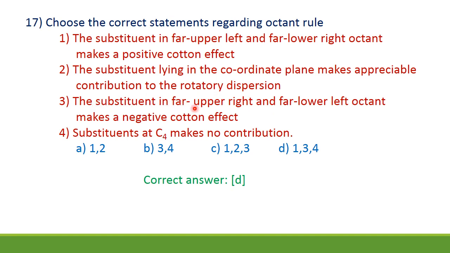The substituent in far upper right and far lower left octants makes a negative Cotton effect. It is also correct. 4. The substituent at C4 makes no contribution. This is also correct. The correct options are 1, 3, 4. For this question, the correct answer is D.